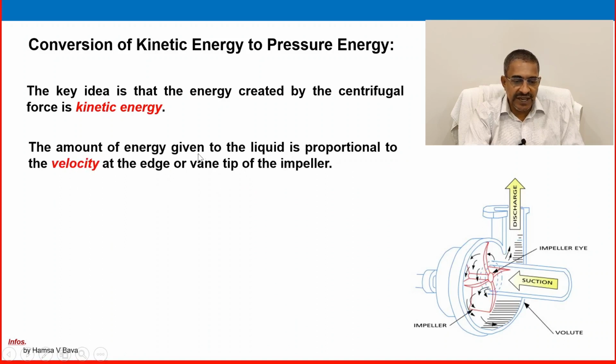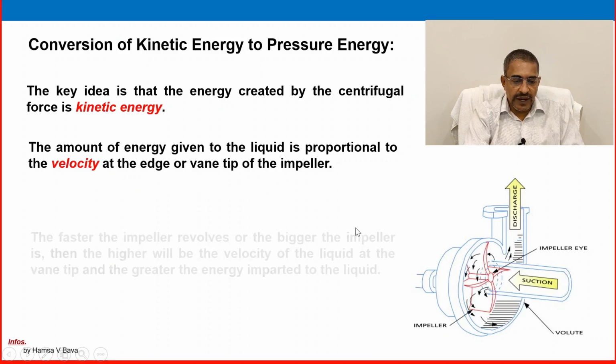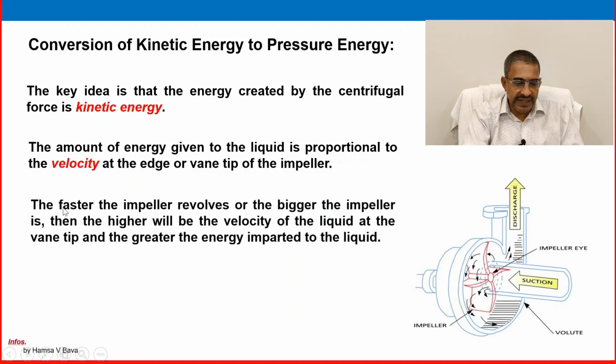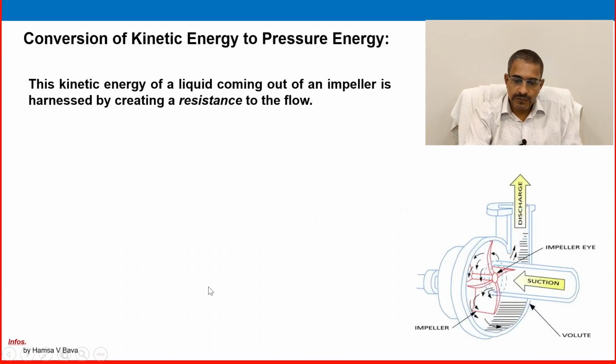The faster the impeller revolves and the bigger the impeller is, the higher will be the velocity of the liquid at the vane tip, and greater energy is imparted to the liquid.